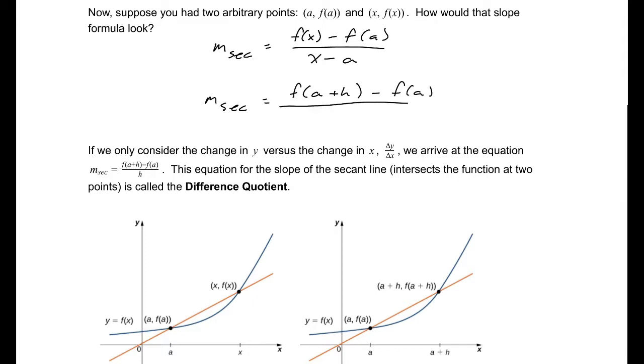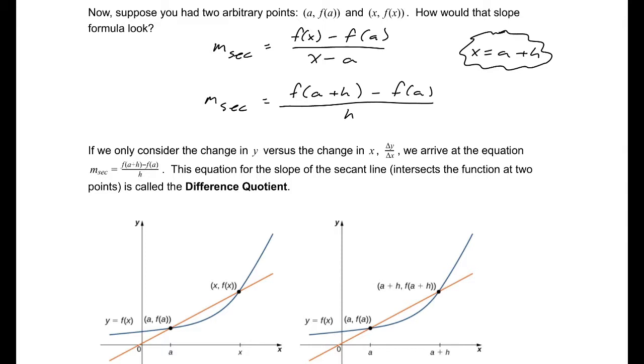So the substitution here is x equals a plus h. If you did a plus h minus a, you get the h in the denominator, and you would get the f(a plus h). That is the substitution we're really making there.